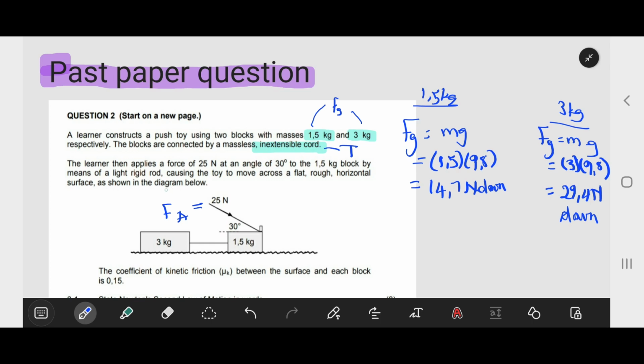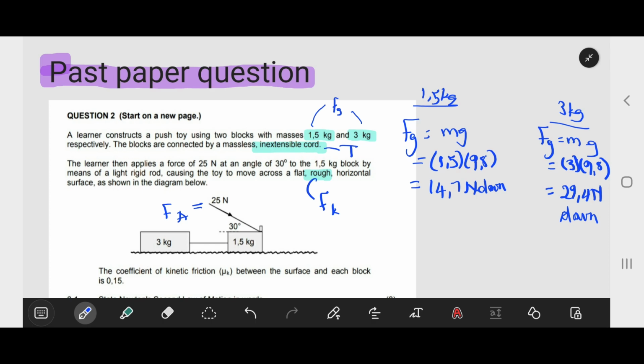So they said it is causing the toy to move across a flat, rough horizontal surface. The fact that there is a rough horizontal surface means we have frictional force acting between the surface and the object, as shown in the diagram below.